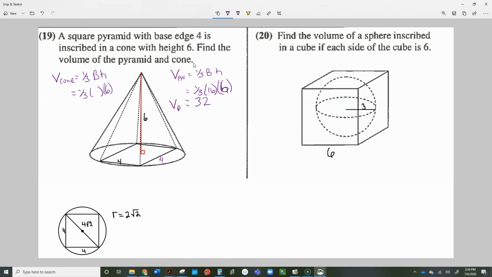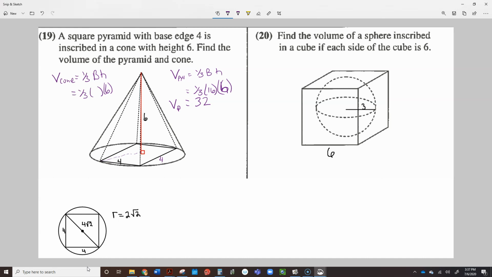Okay, now for the cone, the area of the base, since the base is a circle, we need pi r squared. Well, we need the radius, and the radius is going to be from the center of the circle to the edge of the circle. So I drew it down here so that you could see better the circle with the square in it.